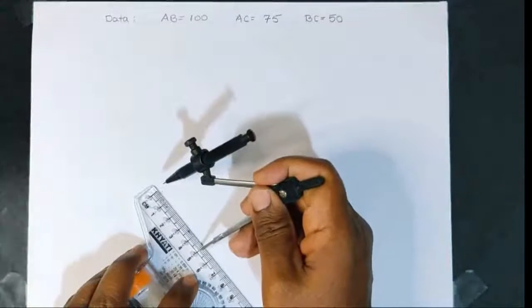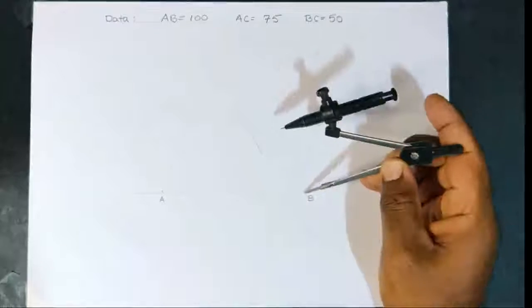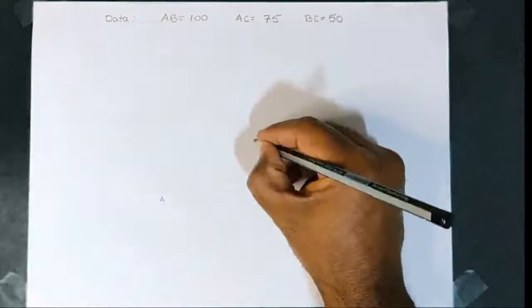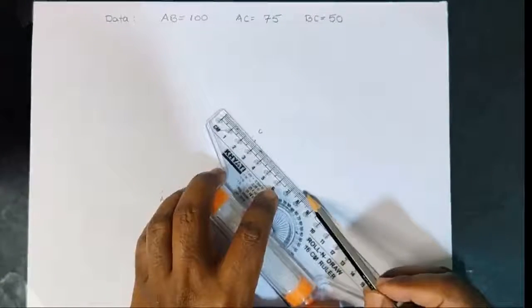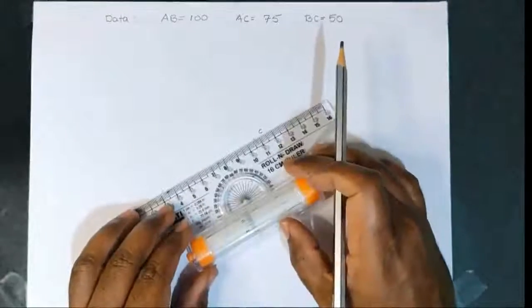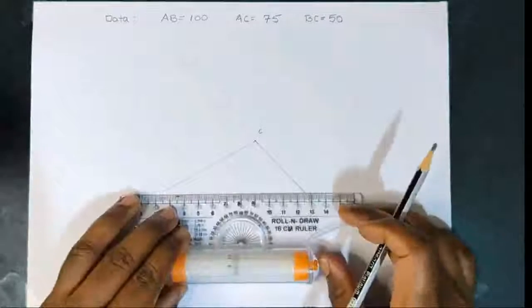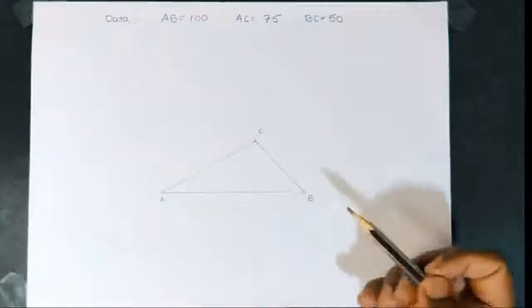Then I take a distance of 50 mm on my compass, and through point B, I intersect the previously drawn arc and locate point C. I join points B with C as well as A with C to find the triangle.